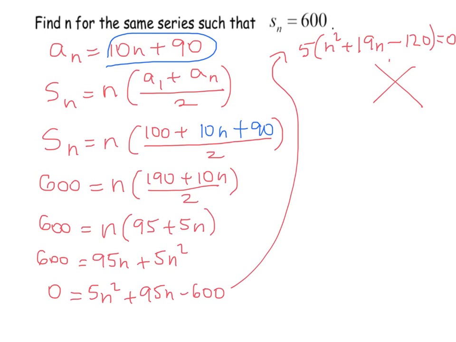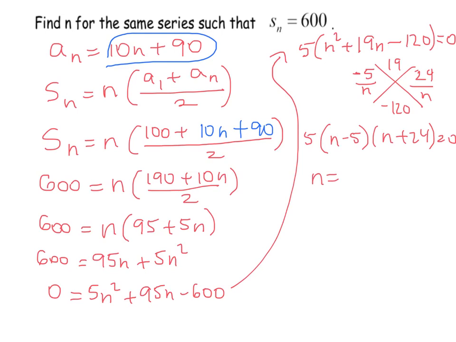So I'm looking for two numbers that multiply to negative 120 and add to 19. So the two numbers are going to be 5 and 24, and the 5 will be the negative one. So I will have 5 times (n minus 5)(n plus 24) equals 0.